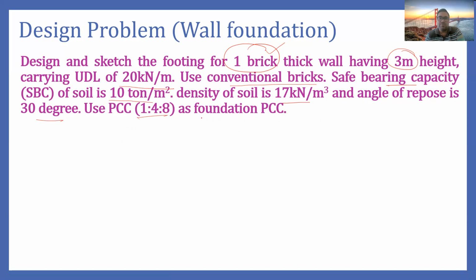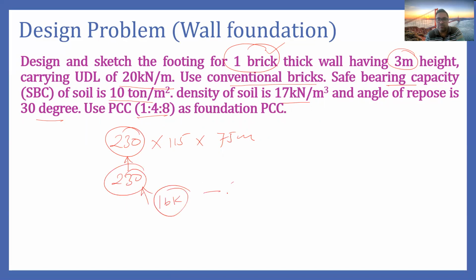Here one brick thick means, because we are using conventional brick, the size of conventional brick will be 230 by 115 by 75 mm. In this case, the length of brick is 230, so 230 is basically one brick. So the thickness of wall will be 230 mm, the height of wall is 3 meter, and the load it is going to support is 20 kilonewton per meter, and the safe bearing capacity is 10 ton.